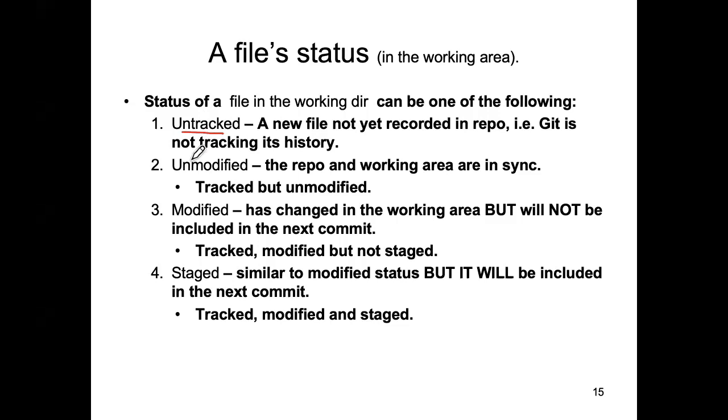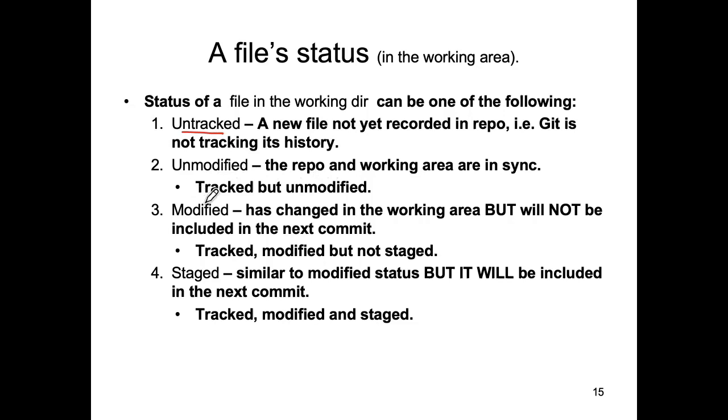It may not be the most recent commit, it may be an earlier commit, but if you look back through the commit history within the repository, there is a version of that file in there, but that file has not been edited since it was committed, whenever it was committed. We categorize that from a status point of view as being in an unmodified state. So it's tracked, but it hasn't been modified since it was committed.